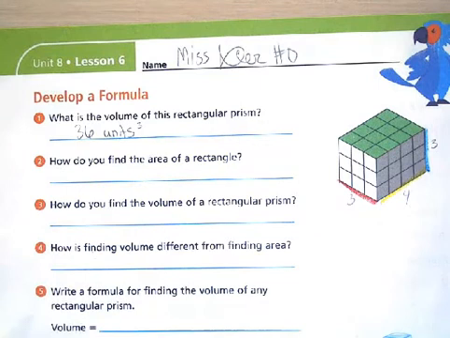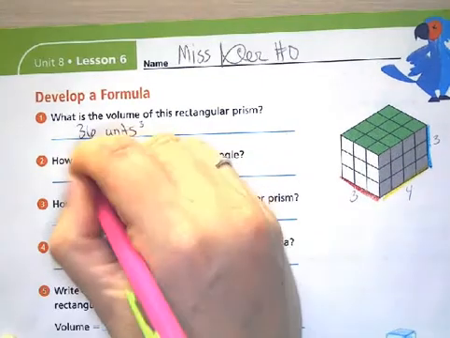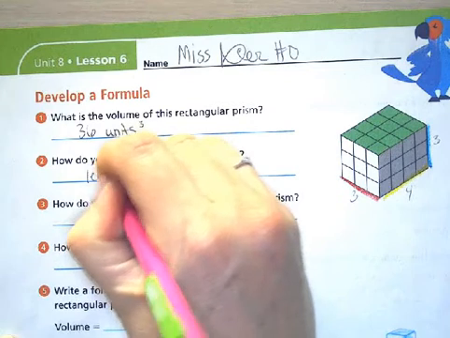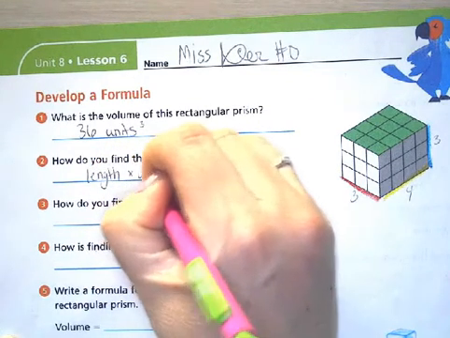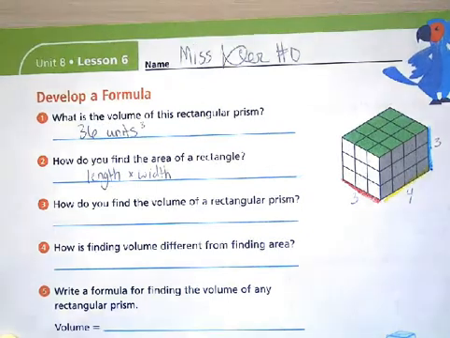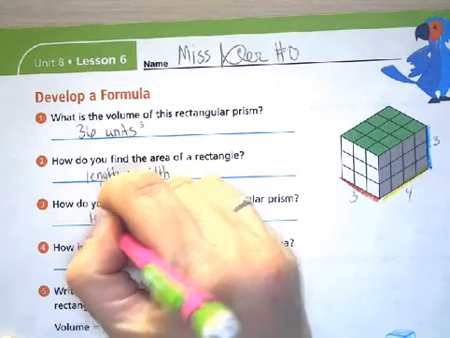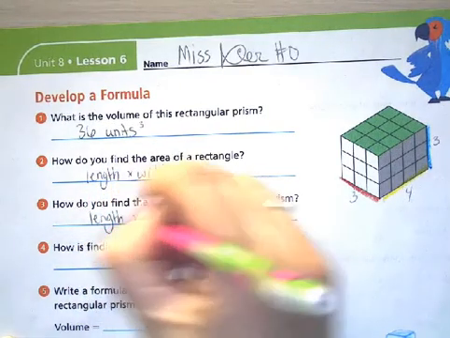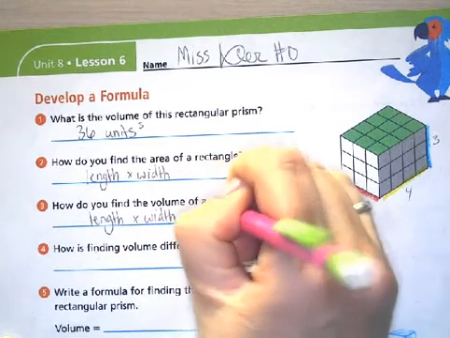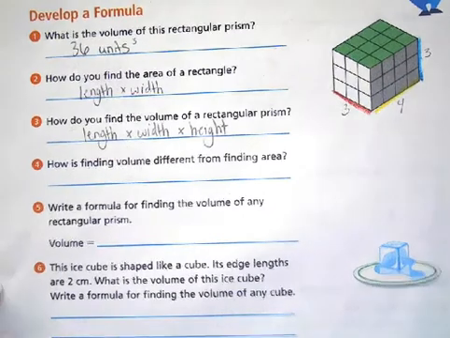How do you find the area of a rectangle? Let's answer that question. Length times width. How do you find the volume of a rectangular prism? Length times width times height. How is finding volume different from finding area?